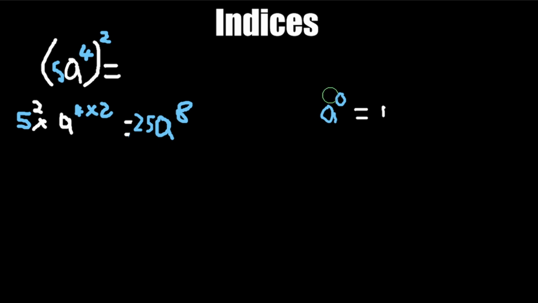So now what about something raised to a negative power? Well, when something is raised to a negative power, it is going to be 1 over that number or that variable with that power.